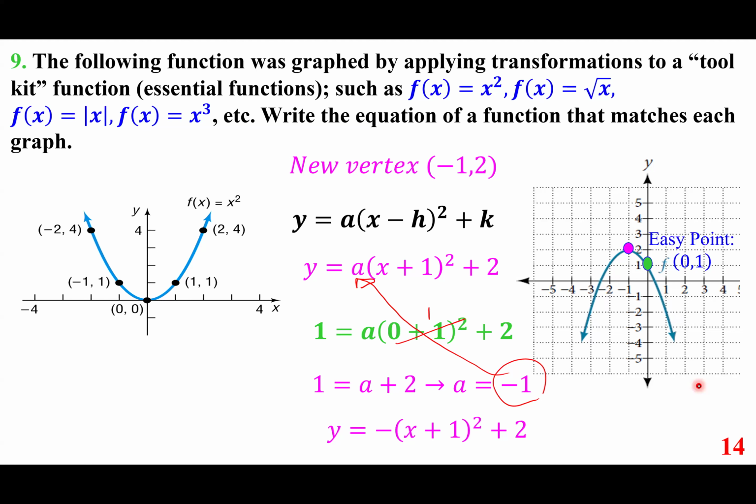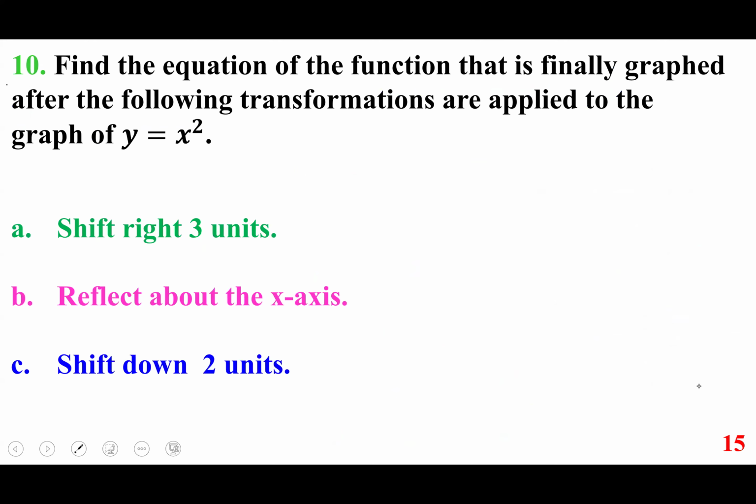So before we move on again, all the basic functions, elementary functions, they also call it toolkit, we should know the graph. Now, in this example, find the equation of a function that is finally graphed after the following transformations are applied to the graph of y equals x squared.